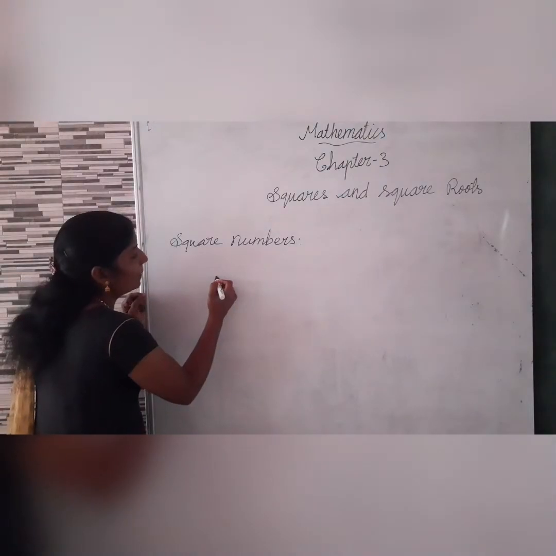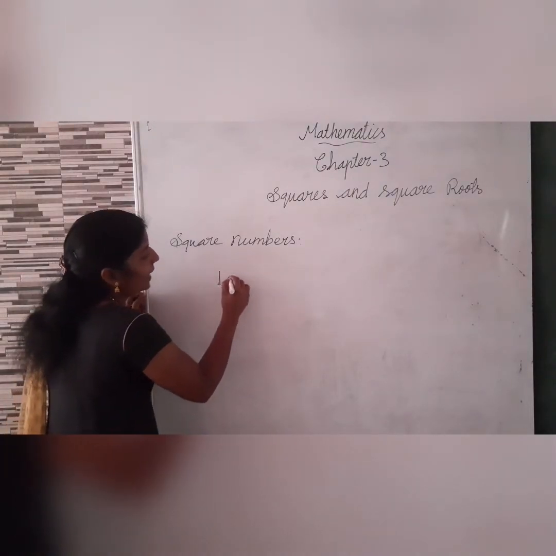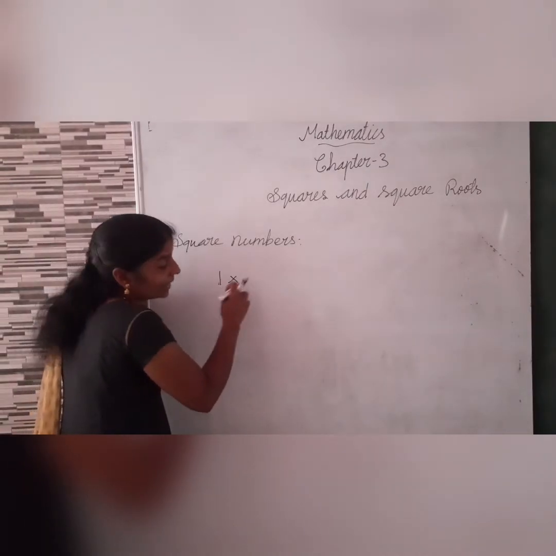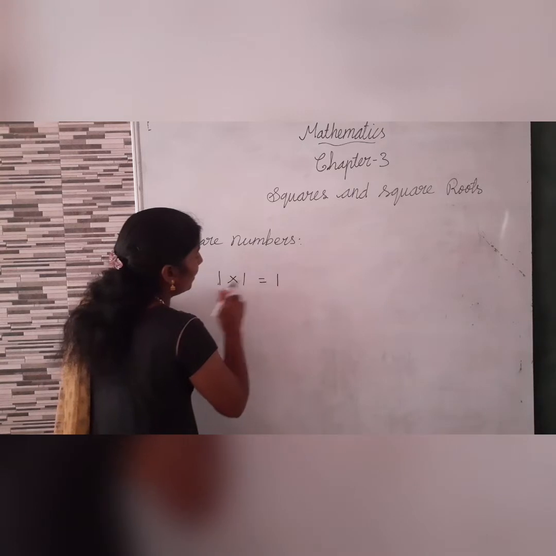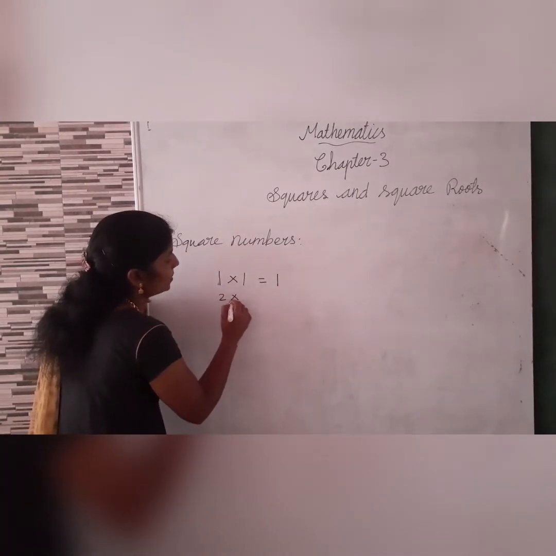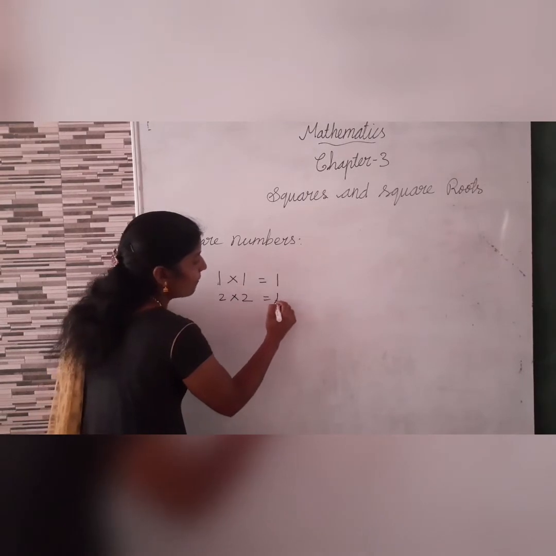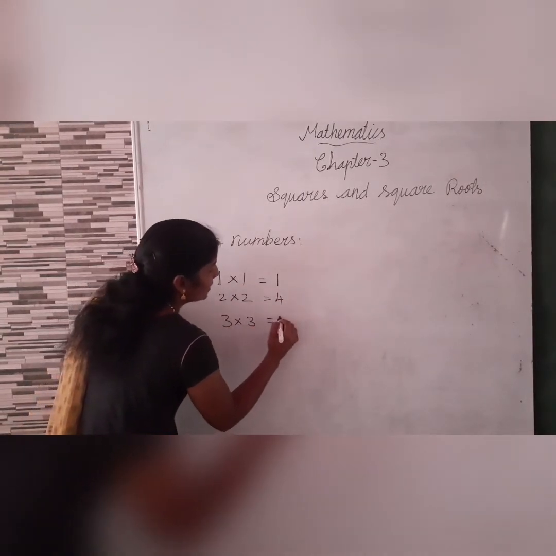For example, 1. When 1 is multiplied by itself, 1 into 1 equal to 1. Now, 2 into 2 equal to 4. 3 into 3 equal to 9.